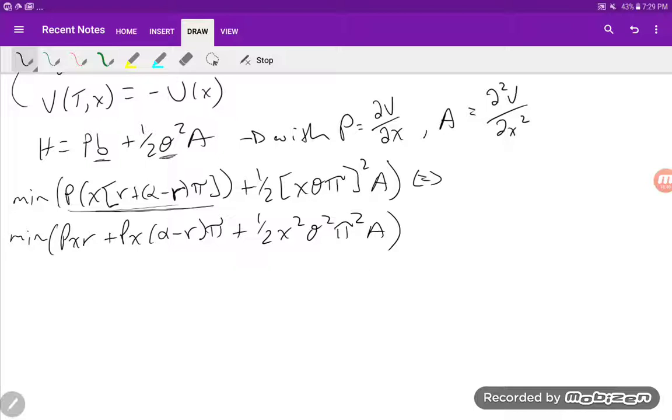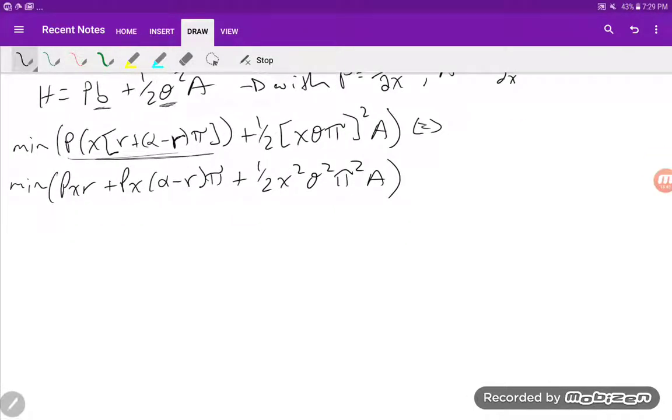Okay, now let's actually work through the first order condition of this. So the first partial of our Hamiltonian with respect to our control variable pi. Obviously this term has nothing. This term is quite simple. The pi drops out, so we have px alpha minus r.